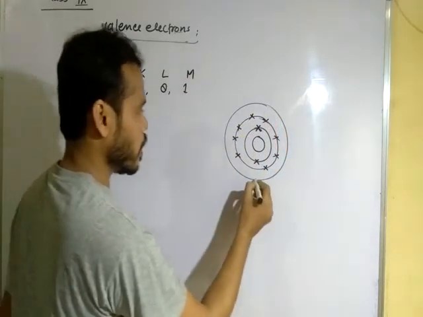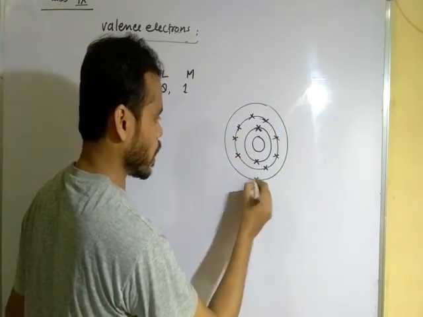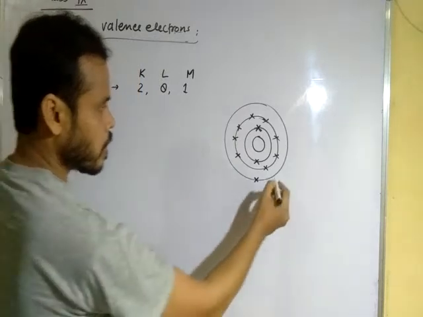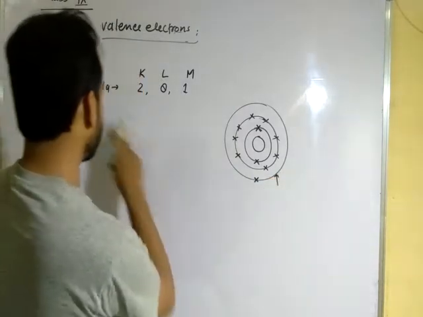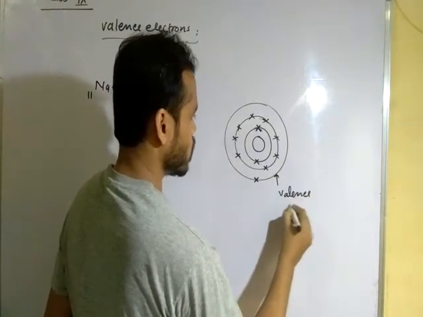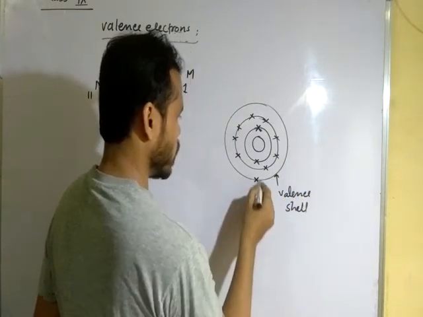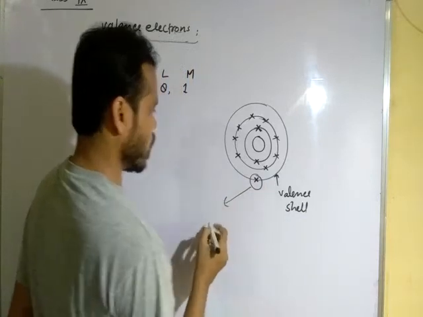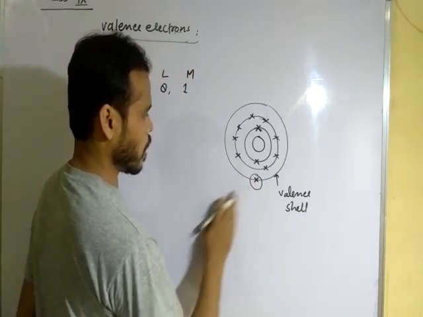In M shell there is only 1 electron. That means in the case of sodium, this shell is known as the valence shell, and the number of electrons present here is called valence electron.